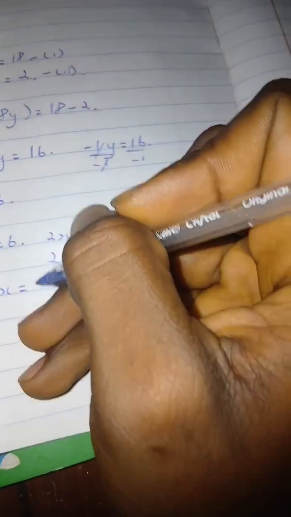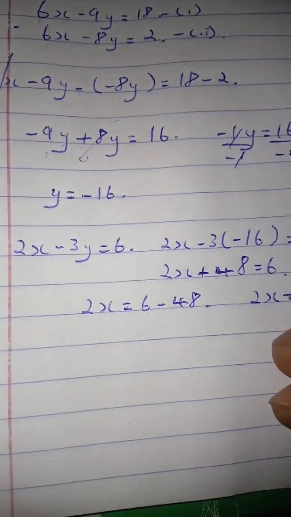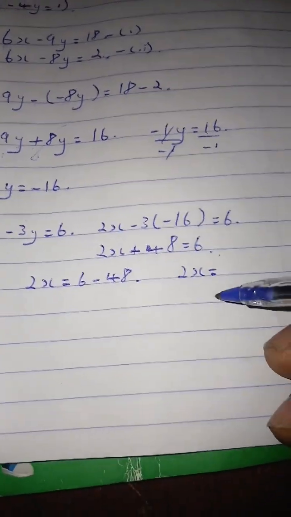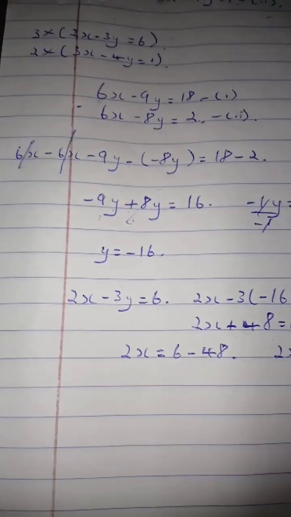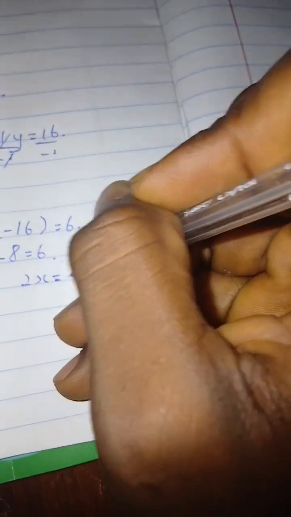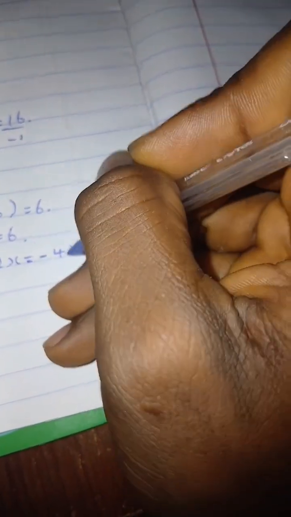So we have 2x is equal to 6 minus 48. Sorry, 6 minus 48 is minus 42. So we have 2x is equal to minus 42.